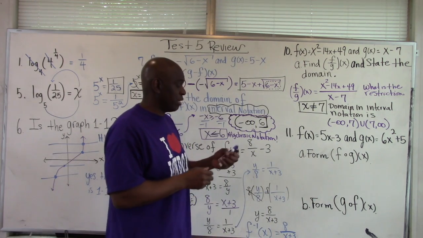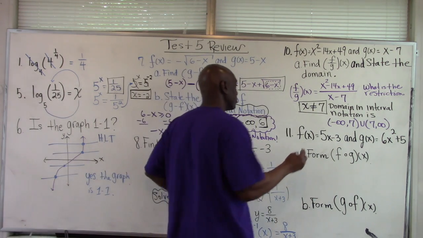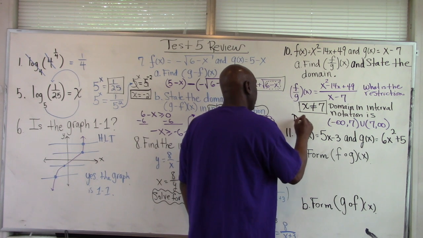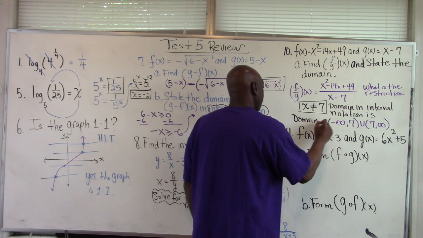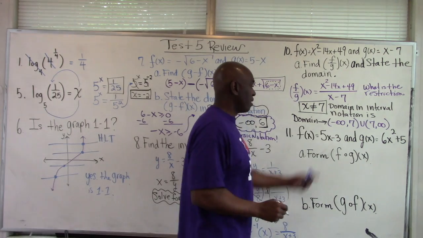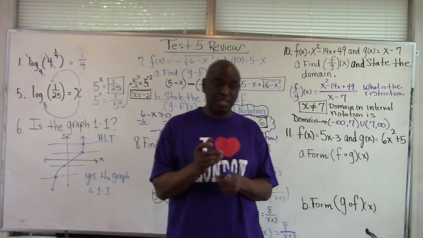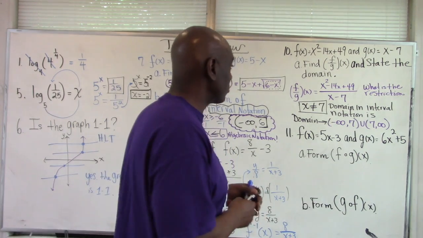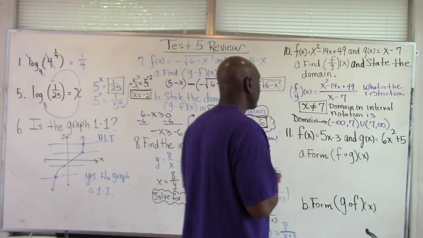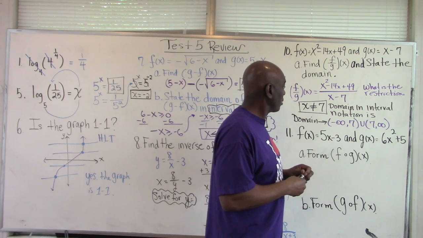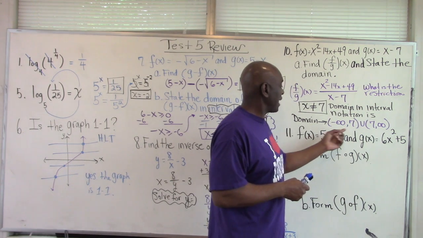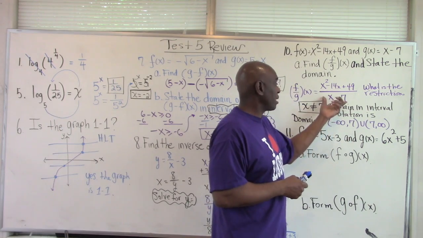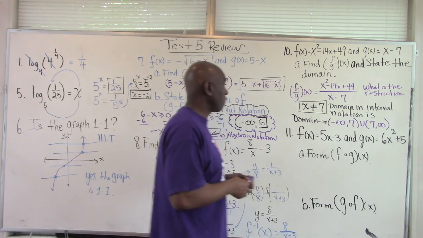Alright, that's the domain. It's from negative infinity over to 7, union 7 to positive infinity. Not bracket. No bracket. Okay? Because you can't include 7, because 7 actually makes our denominator 0. It's undefined.